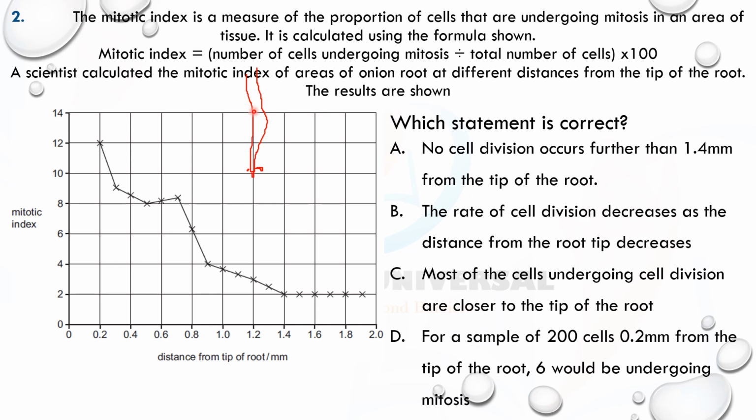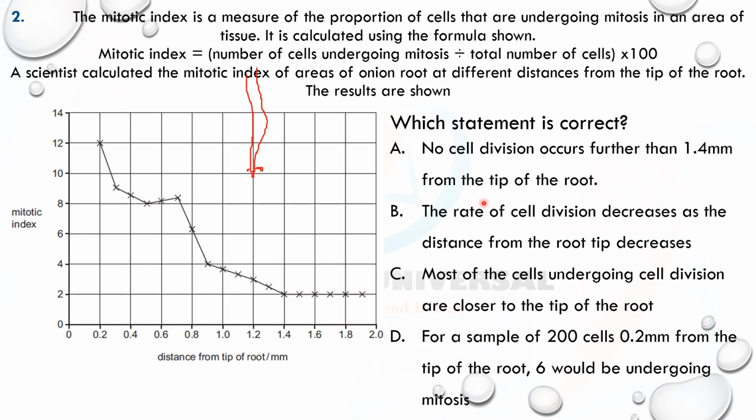Look at it. At 1.4 the mitotic index is 2, so that means mitosis occurred here. Even at 1.6 it still occurred, and at 2 it still occurred, so A is wrong, because cell division occurred all through to 2 millimeters. It never stopped, so A cannot be the answer.